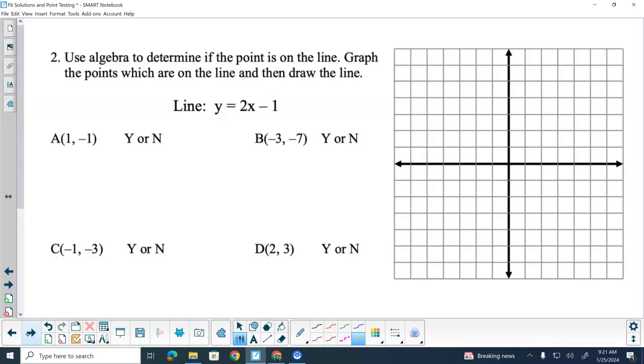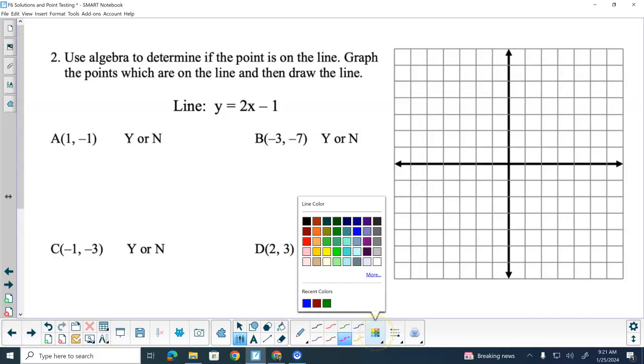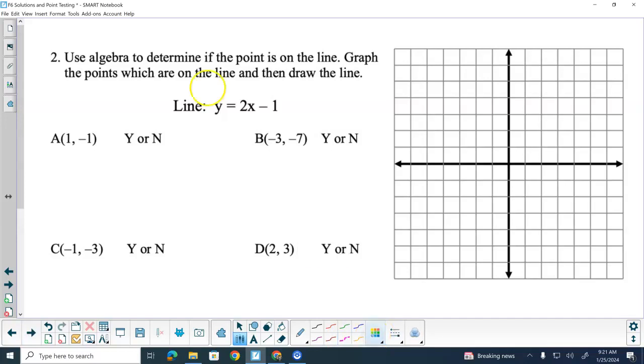So we can't graphically see if a point is or isn't on the line. So instead, we're going to use algebra to determine if the point is on the line. So here is our line equation, y equals 2x minus 1. That's where we're going to start.